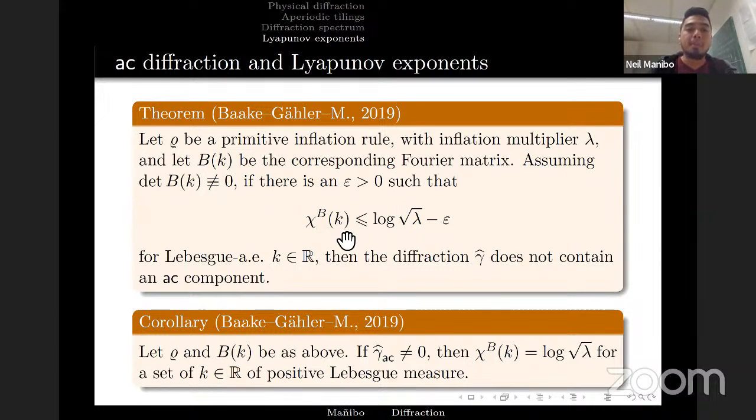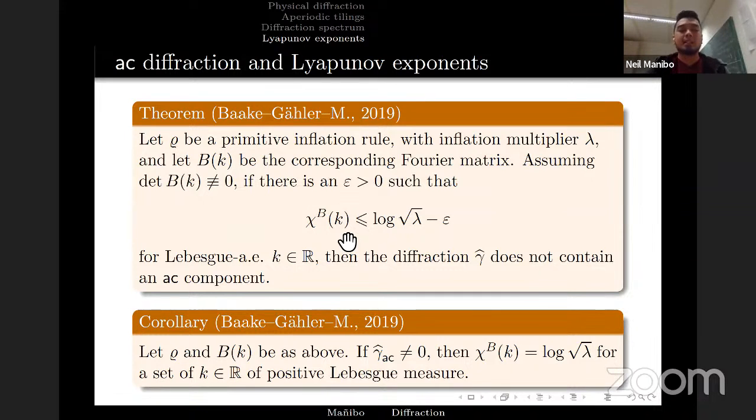And moreover, if the Lyapunov exponent associated to the cocycle is strictly bounded from above by log square root of λ for Lebesgue almost every parameter k, then the diffraction does not contain an AC component.